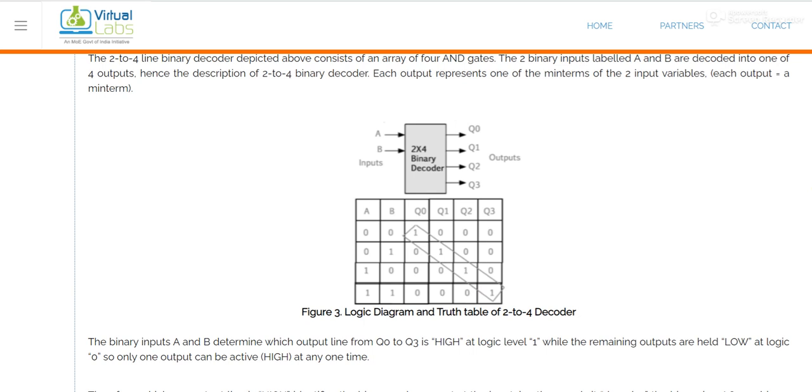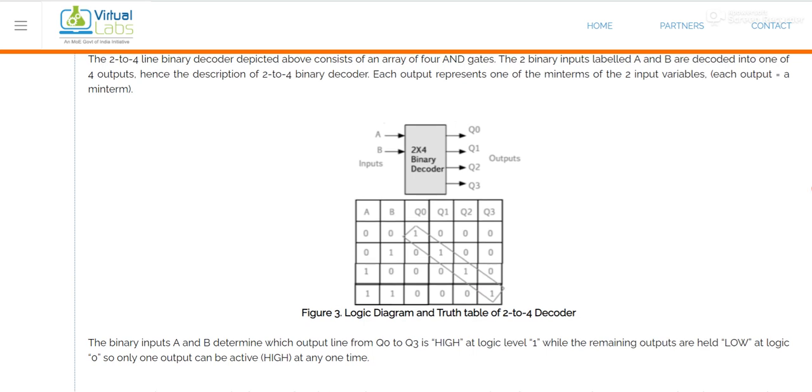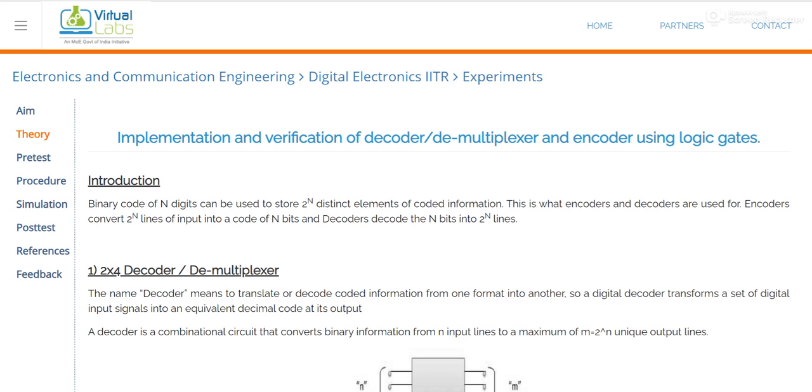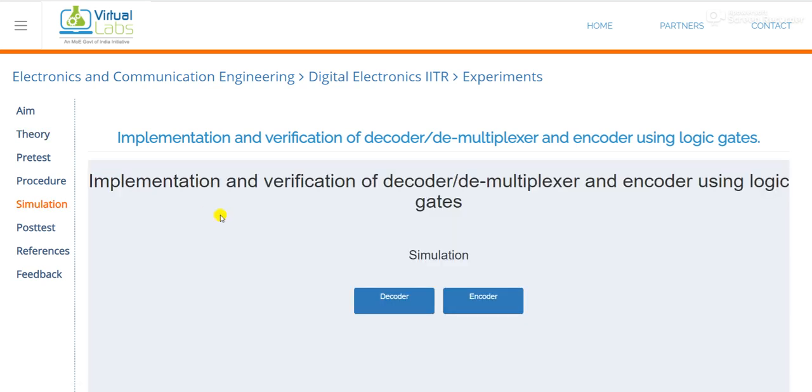Now we will simulate this decoder function with the help of the simulator. For this, just click on simulation and click on decoder.